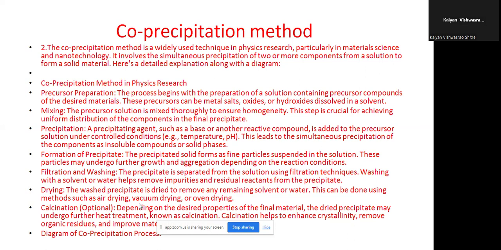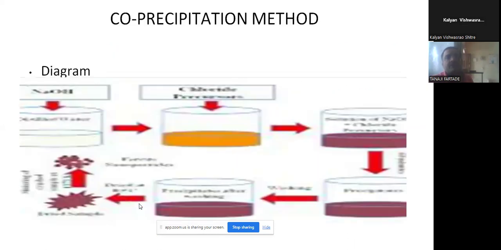This can be done using methods such as air drying, vacuum drying, or oven drying. Calcination. Depending on the desired properties of the final material, the dried precipitate may undergo further heat treatment, that is called calcination. Calcination helps to enhance crystallinity, remove organic residues, and improve material stability. The diagram of the co-precipitation method is given here.